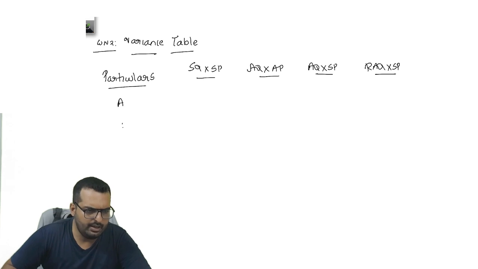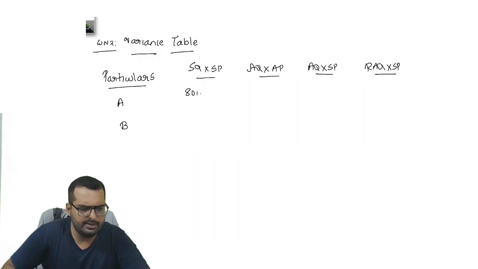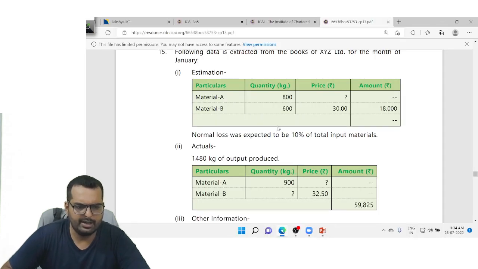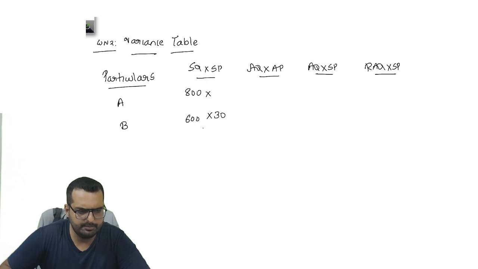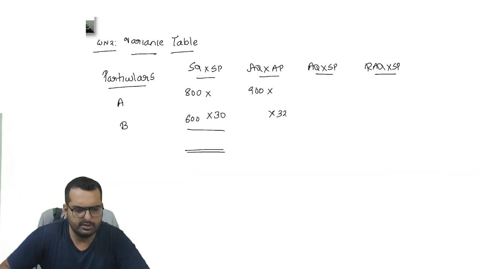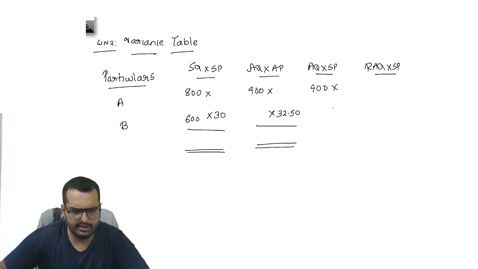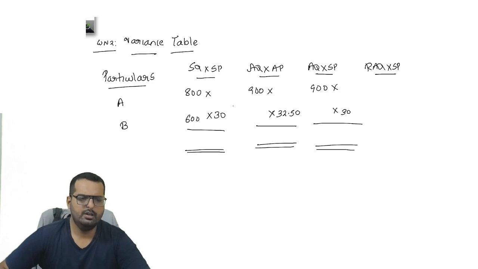You have material A, then material B. You have 800, 600, multiplied by 30. Next one you are having 900 into 32.5. I'll write 900 over here again, and 30 over here.